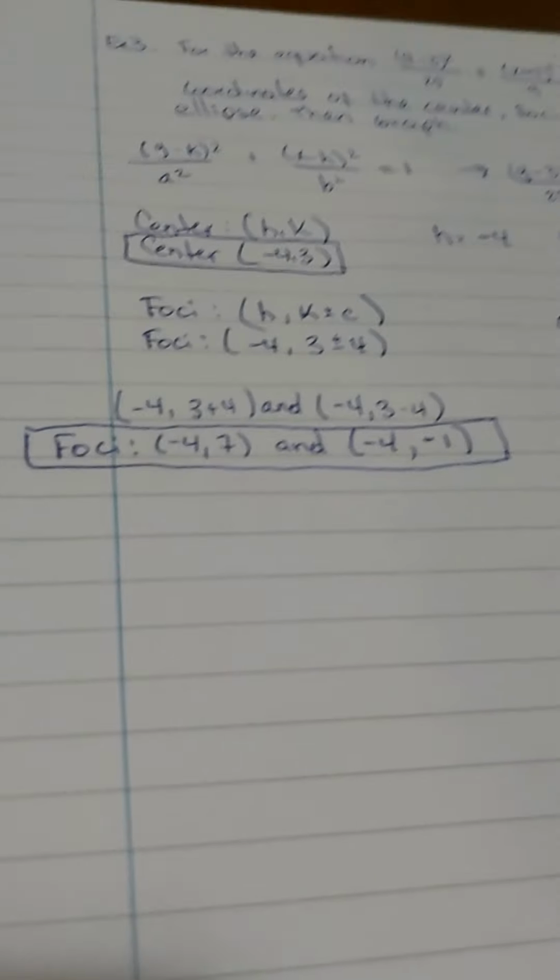We can simplify this: -4, 3 + 4 is 7, and -4, 3 - 4 is -1. So these will be the foci.